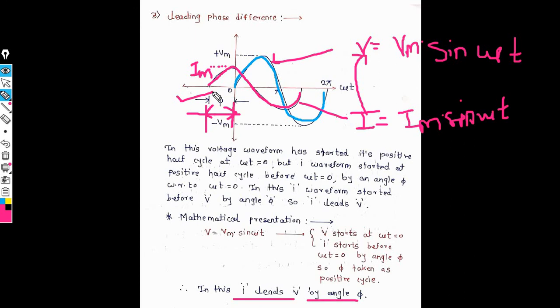That means the current waveform starts before the voltage waveform, and we take the angle as phi. Then current I leads the voltage by angle phi, and this angle phi is called leading phase difference. Okay, this is the concept of leading phase difference.